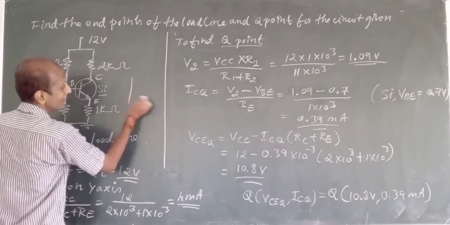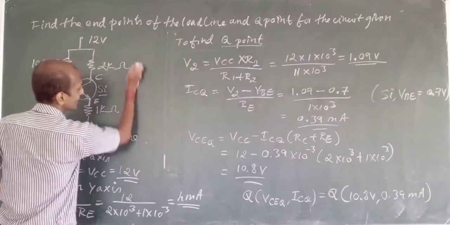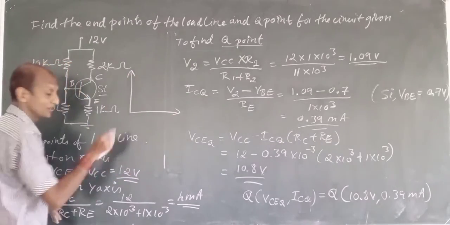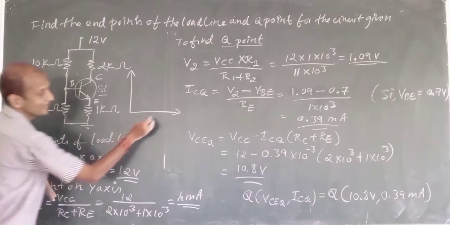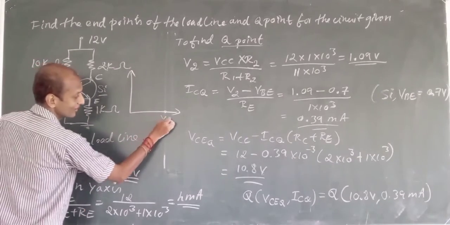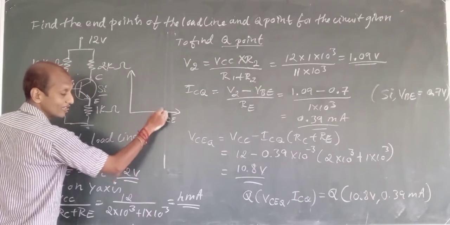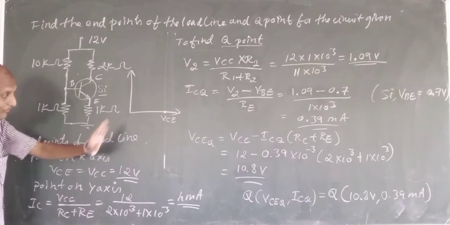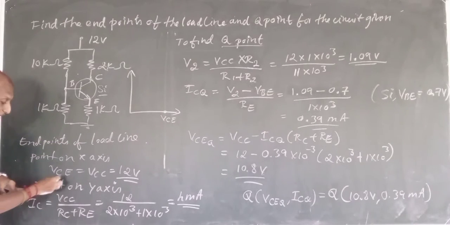So we have a load line, and I'll be drawing it. I should find the point on the x-axis, isn't it? That is nothing but your VCE point, or nothing but the cutoff point. To find the point on the x-axis, what equation will we have?